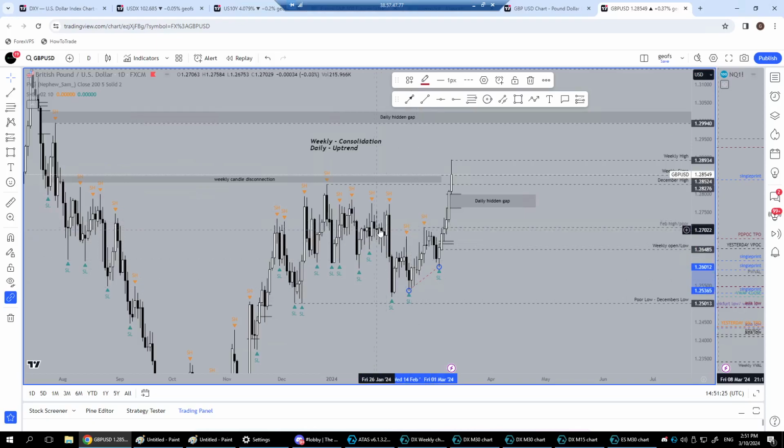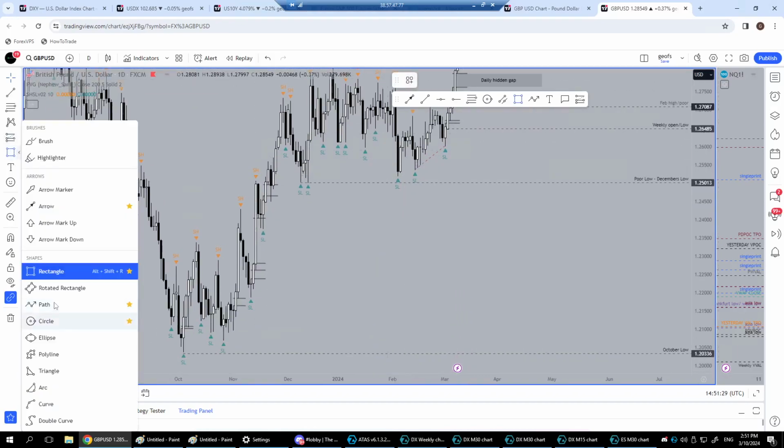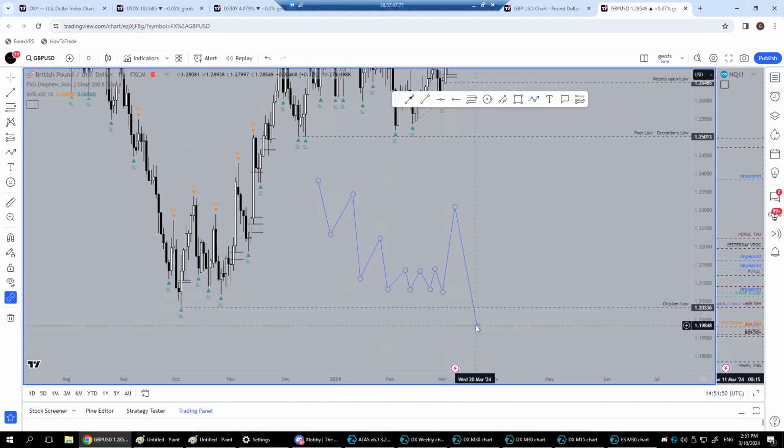The general pattern of forex: if you have a downtrend, then Monday consolidates, and Tuesday does some big move like this, and then the rest of the week goes down.